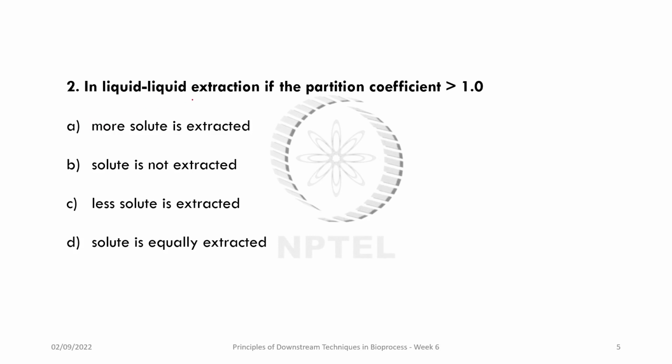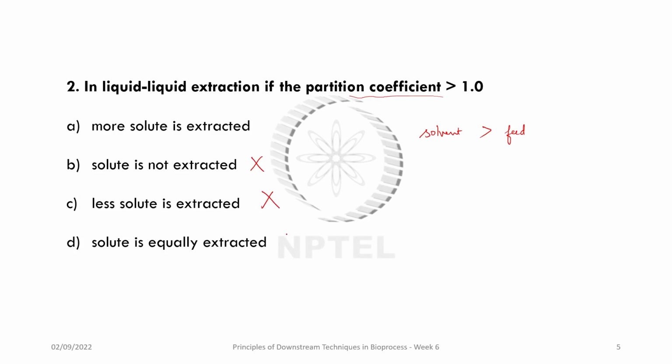So in liquid extraction, I told you that it will help if the partition coefficient is greater than 1. So what does that mean? That the solute has a greater affinity for the solvent rather than the feed stream. Correct? So that indirectly means solute is not extracted? No. Less solute is extracted?